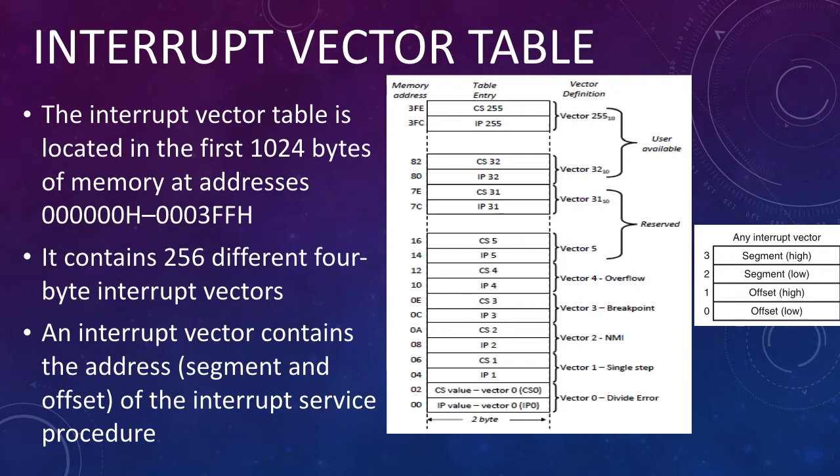So a total of 256 different 4-byte interrupt vectors are put in the interrupt vector table. The first 5 interrupt vectors, as we discussed in the previous slide, are already defined for the 8086. The other interrupt vectors, from vector 5 to vector 31, are for 80286 upward processors. And the last 224 vectors, that is from 32 to 255, are available as user interrupt vectors.